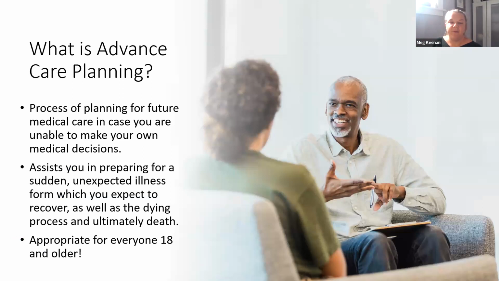So what is advanced care planning? I use a bunch of terms interchangeably, and I realized throughout doing these presentations that it can be kind of confusing. Advanced care planning is a process of planning for future medical care, just in case you were to lose capacity and needed somebody else to make your medical decisions. You want to make sure that you pick the correct person to stand in your shoes and that you fill out the correct documentation.